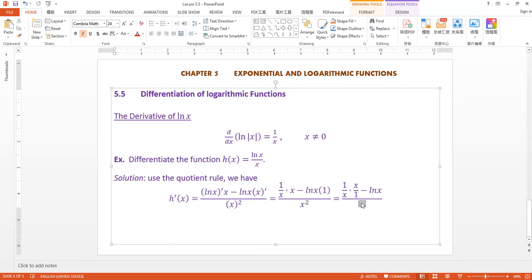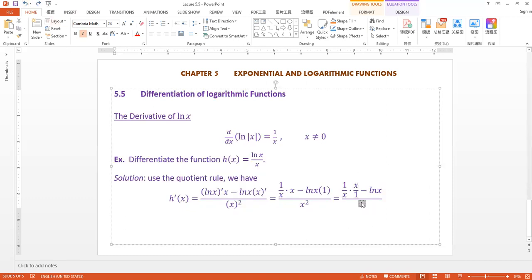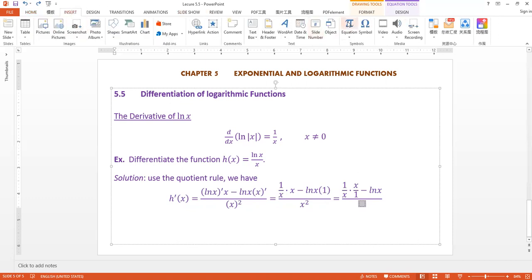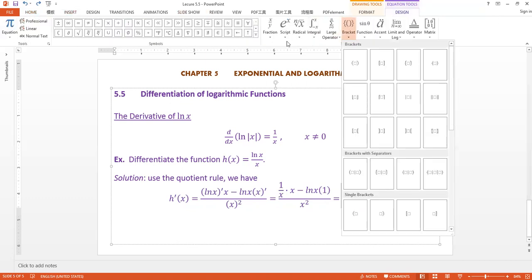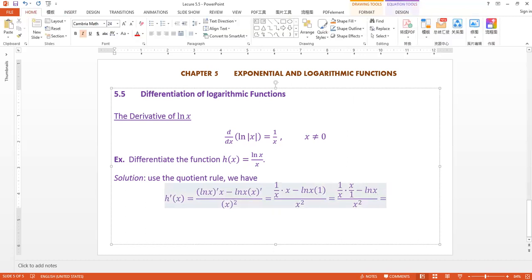So, 1 over x times x over 1, the x cancels, so we get a 1. It's not 0.